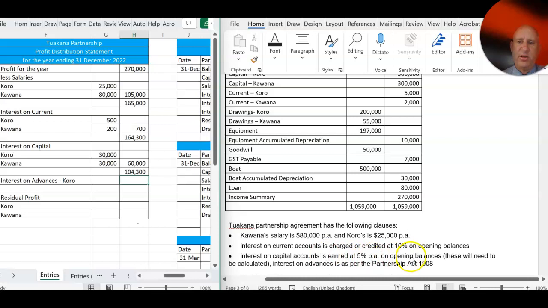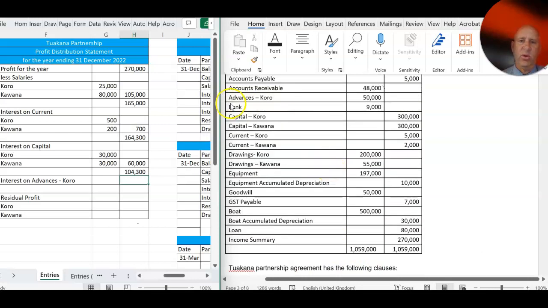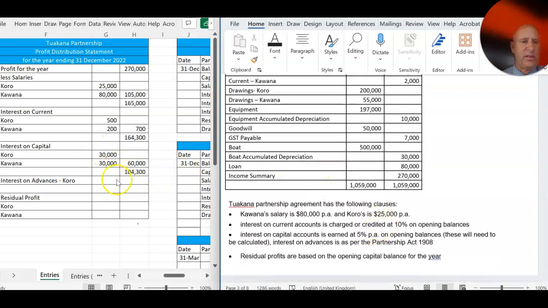See that 5% on the opening balance, and you'll find that Koro's got an advance of 5,000, 5%. So we're just going to take that, what do we say, 50,000 times 5%. Right, and that residual profit, we're going to split that based on the opening balances.